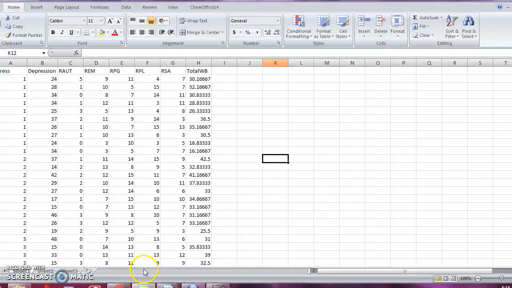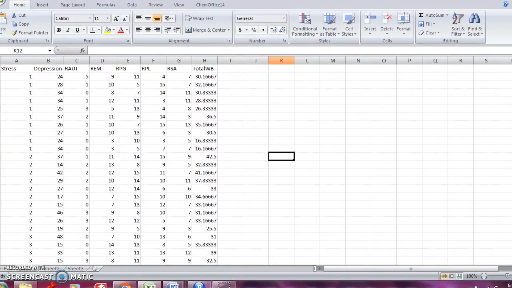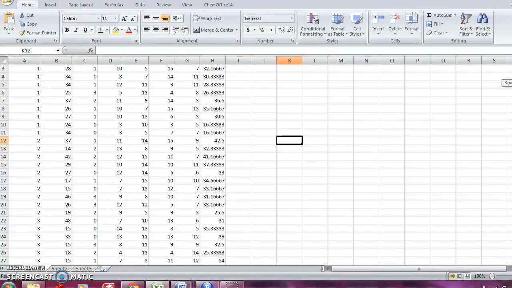So to introduce my data, ta-da! This here so you can see it all. With this stress column, these are all the different groups for my data.